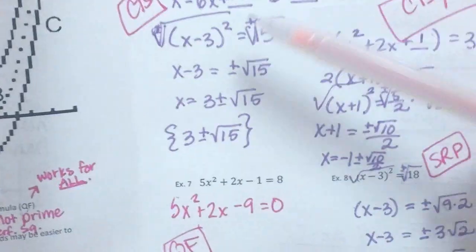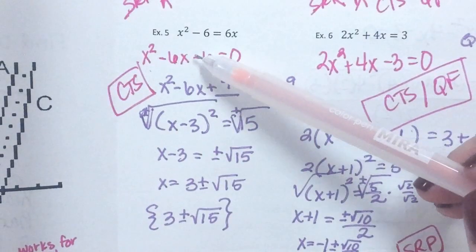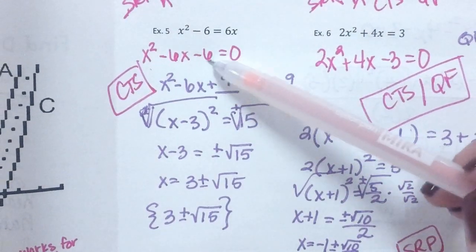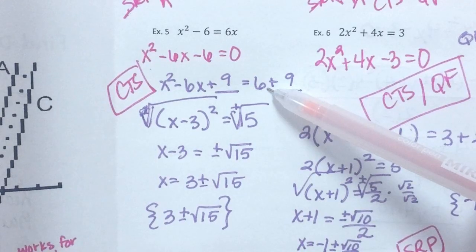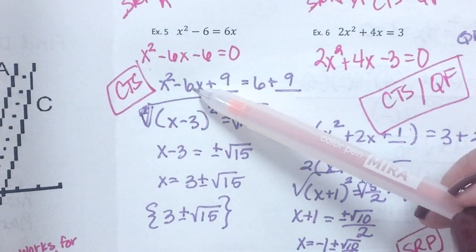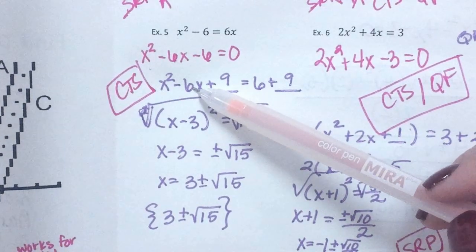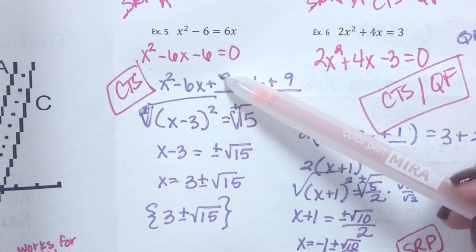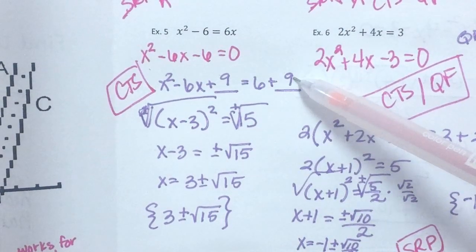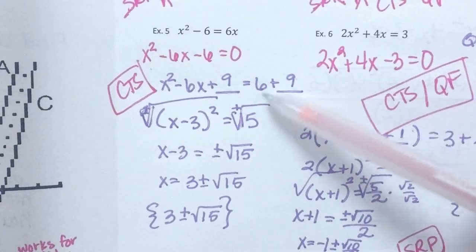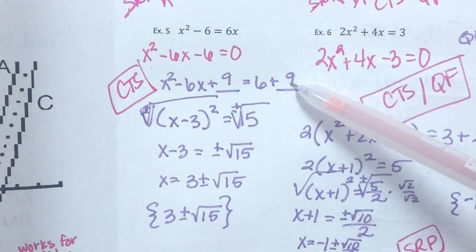Okay. Number 5 was complete the square. So we move the constant over to the right side. So that's a 6. Then we're going to take half of b and square it. So half of negative 6 is negative 3. Square that, you get 9. I got to add 9 over here. So I'm balancing on both sides, right? So if I add here, I add here.